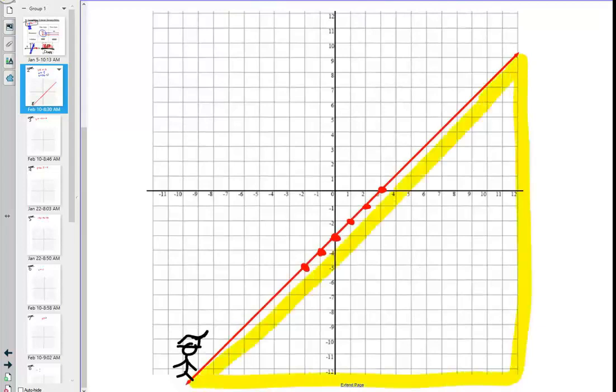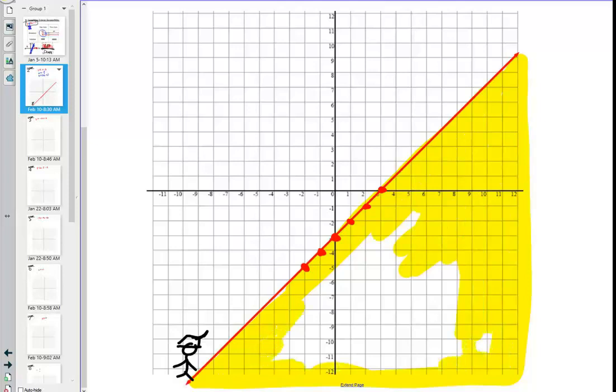Well, I'll race you and see who can shade faster. I think Jonathan's going to win. He's an excellent shader. Hey, Jonathan, what's your favorite color? Like goldenrod?